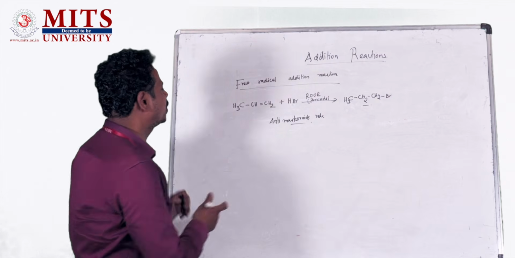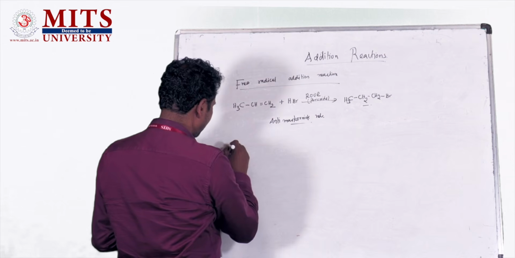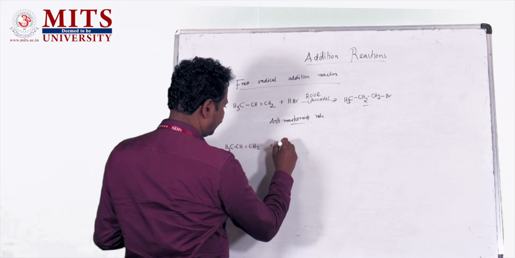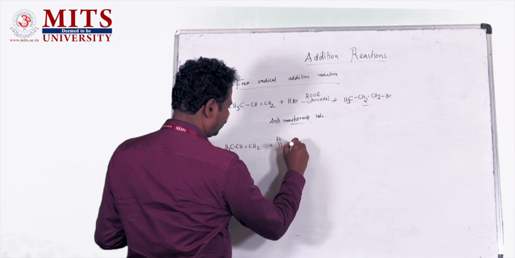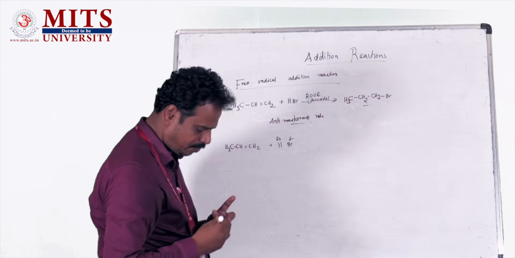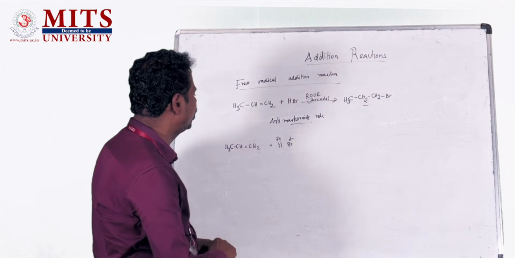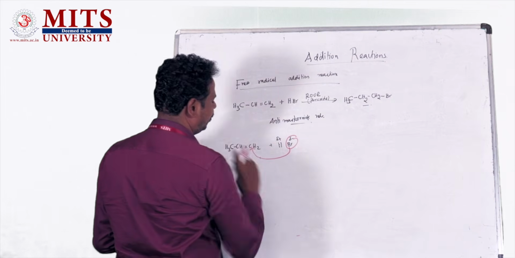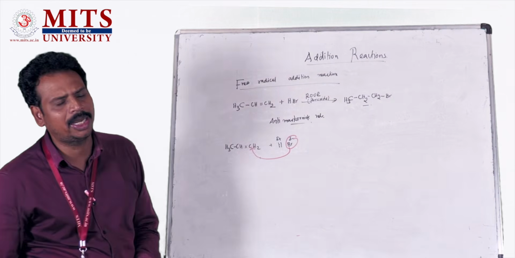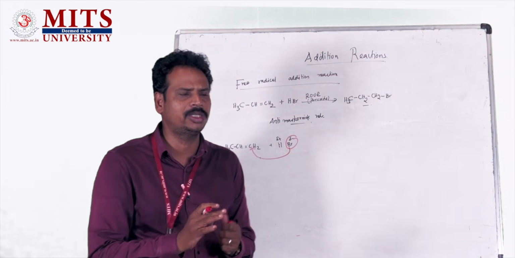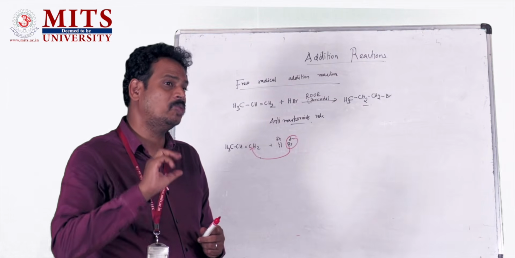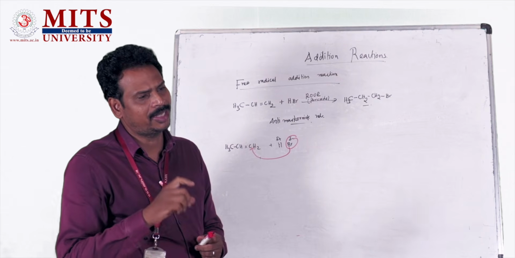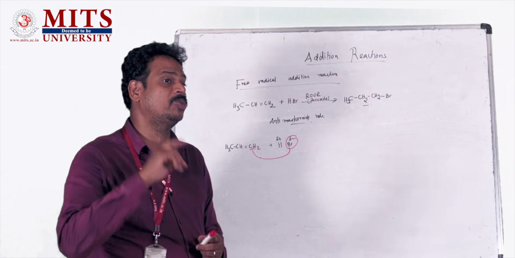So in this case, the bromine, according to the anti-Markovnikov system, obviously the Br minus attacks this particular carbon, because the negative part of the addendum adds to the carbon containing more hydrogen atoms. Markovnikov's rule is the least number, whereas in anti-Markovnikov, it is added to the carbon which contains more hydrogen atoms.